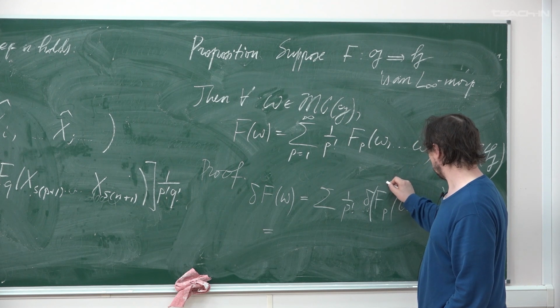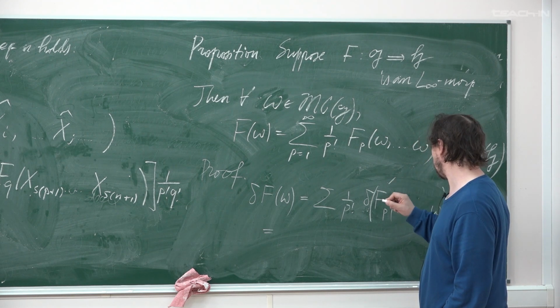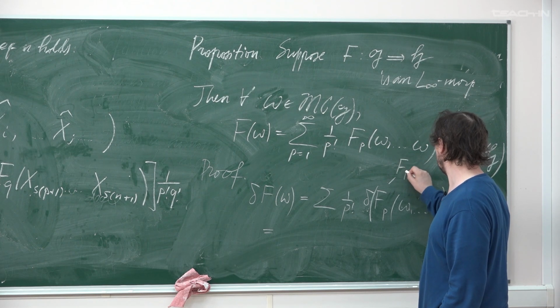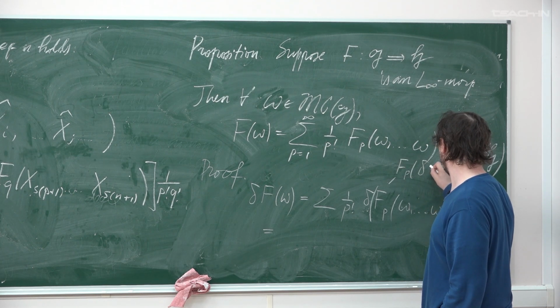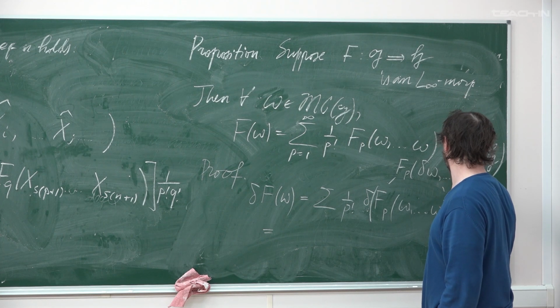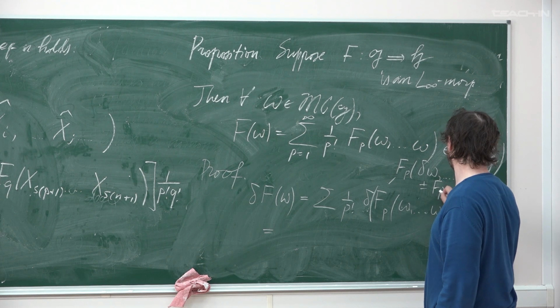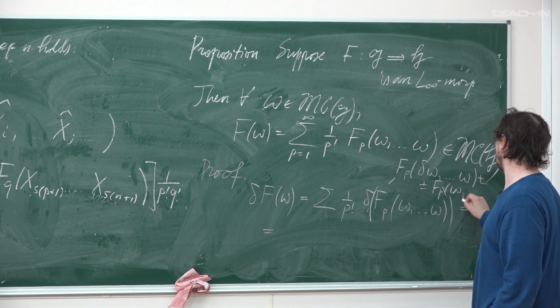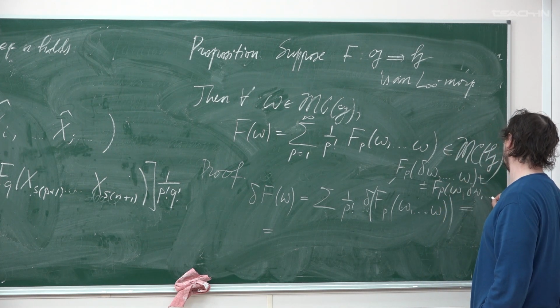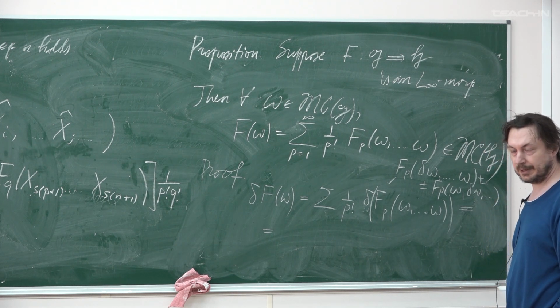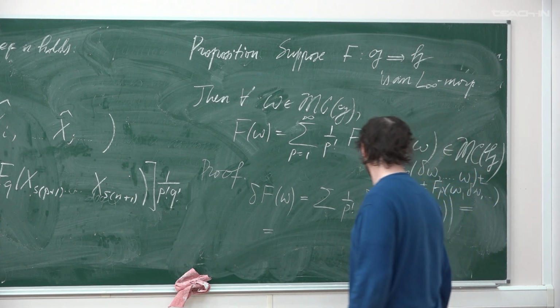Namely, we need to subtract and then add back elements of the form fp of delta omega, omega, plus minus fp of omega, delta omega, omega, and so on. Right? So let's do this.